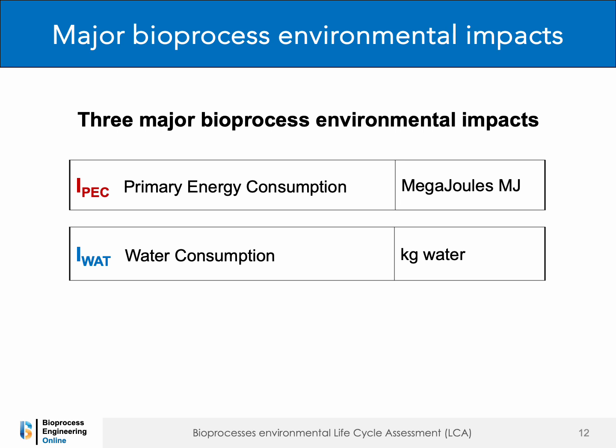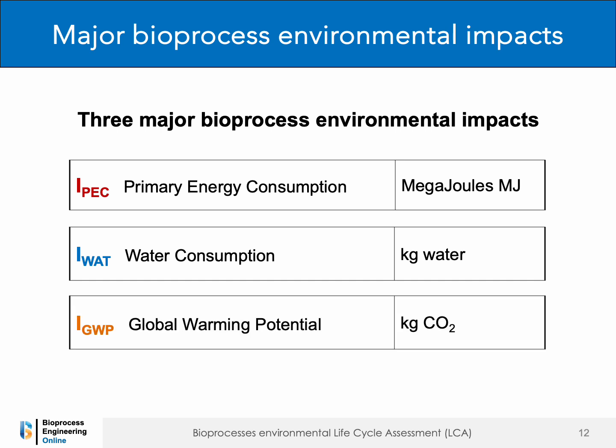Secondly, water consumption, WAT, in kilograms water. Bioprocesses can entail significant water usage for media and buffer preparations, as well as equipment cleaning. Thirdly, global warming potential, GWP, in kilograms of CO2. In bioprocesses, there are notable levels of CO2 emissions during the fermentation stage and from energy consumption.